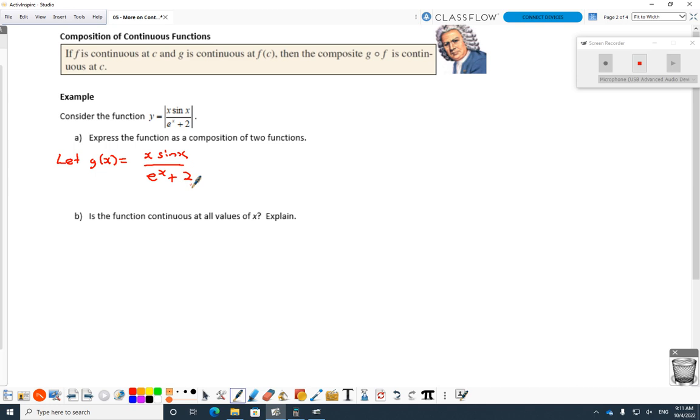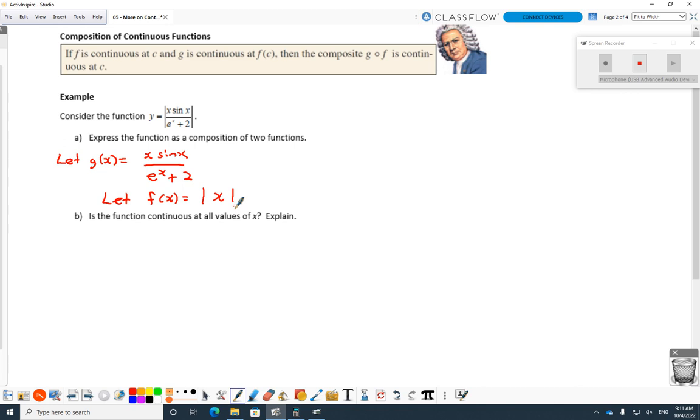See, just about every function we've looked at over the years actually was a composition of functions, but we didn't call it that. What a composition is, there's a function, and then there's an outer function that has to operate afterwards. So the inside, I'll call g at x. And then I'm going to let f at x equal absolute value of x. Now, let me just re-explain that.